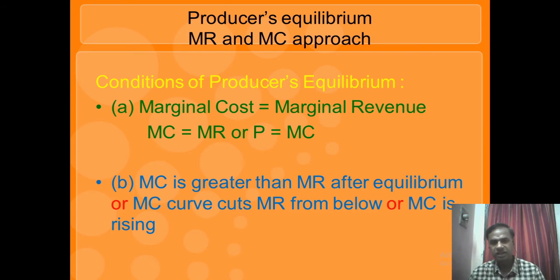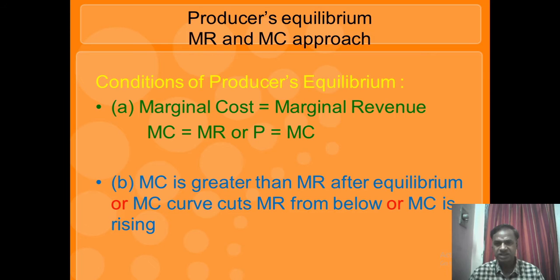We will see it in the diagram later. The MC curve cuts MR in two places, one from above, another from below. When the MC curve cuts MR from below, that is one of the conditions for producer's equilibrium.